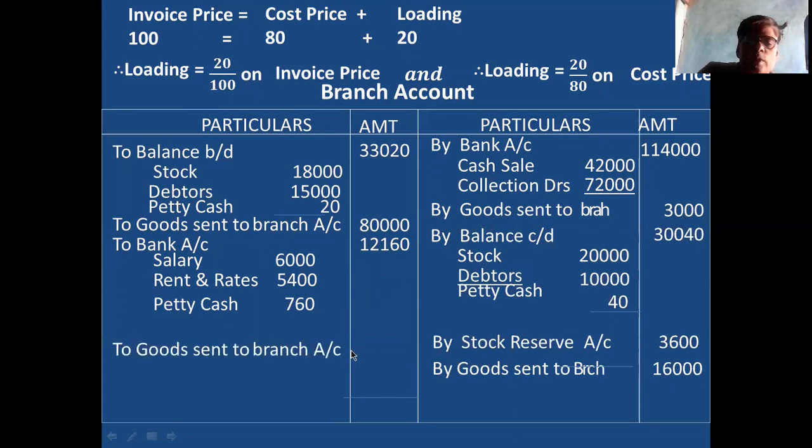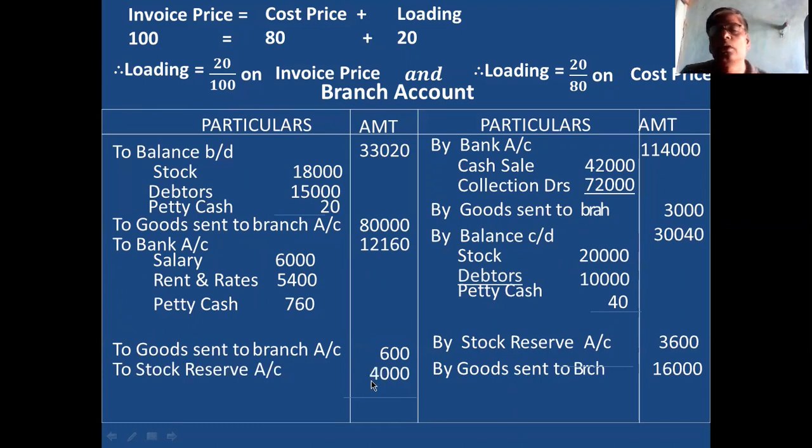To goods sent to branch, 3,000 is there. 20 by 100 of 3,000 is 600. The next is closing stock. Closing stock is 20,000. On 20,000, to stock reserve 4,000.